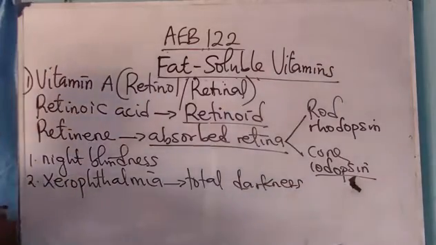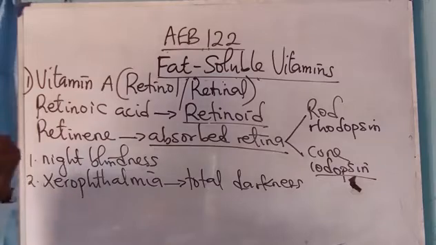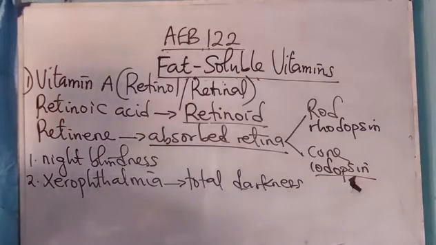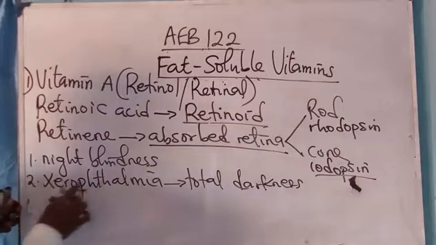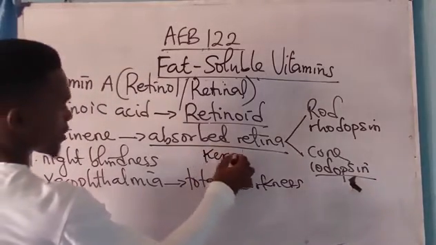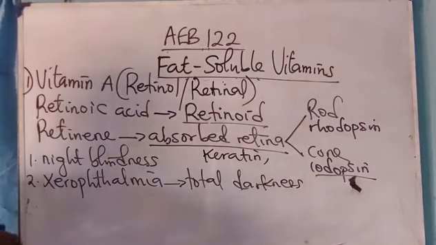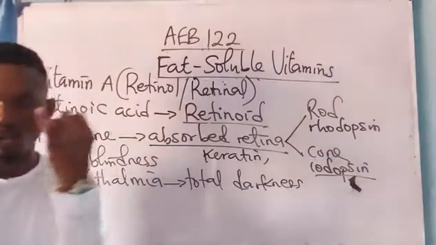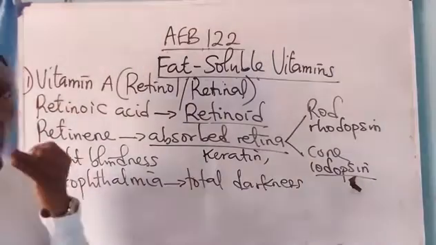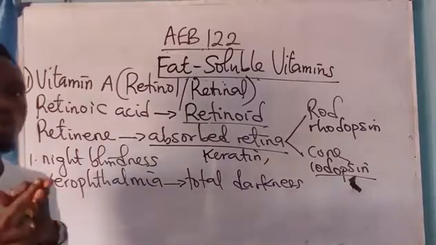Please, the retinol present in the eye is also needed for the formation of keratin in the eye. This retinol is also important for, one, good vision, two, healthy skin, and three, good growth.